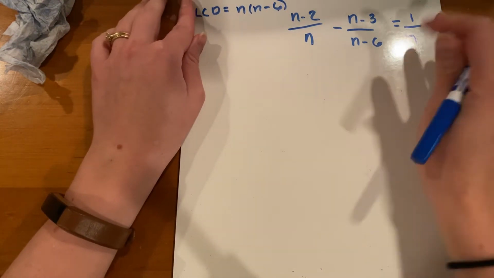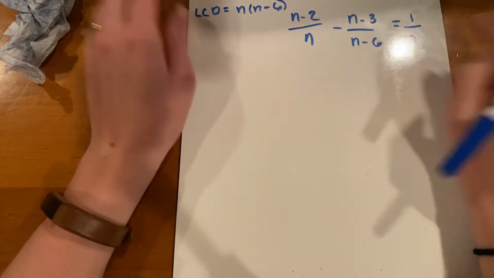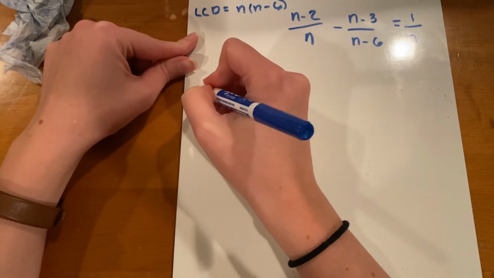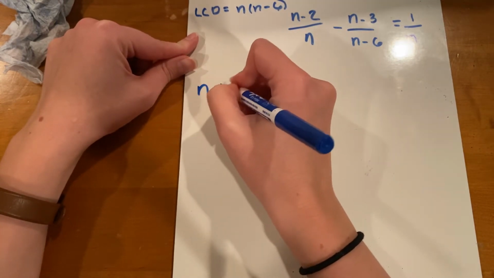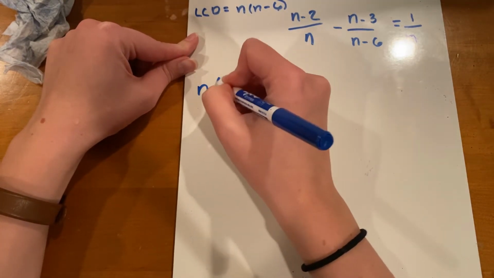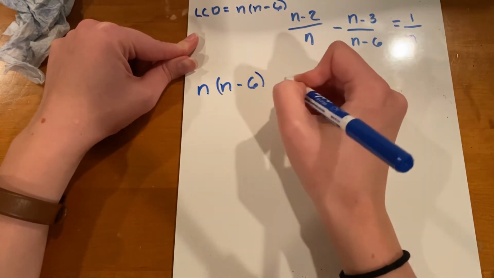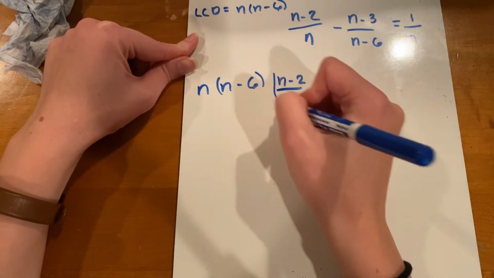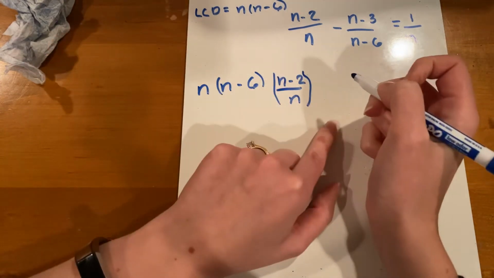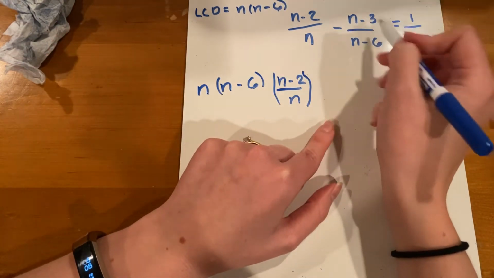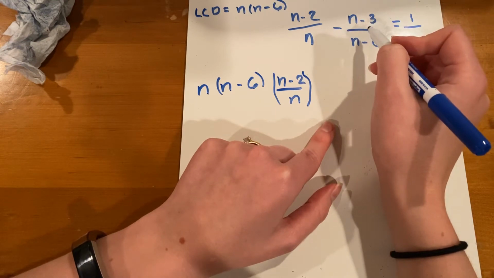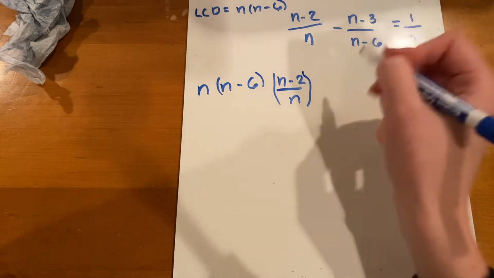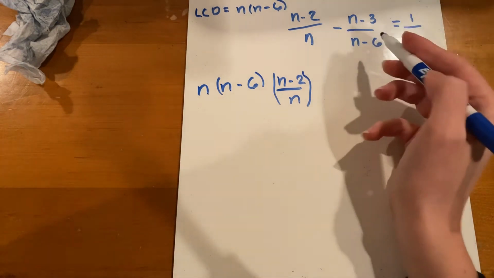So our least common denominator is n times the quantity n minus 6, and now I'm going to multiply it by n minus 2 over n, and again by our negative n minus 3 over n minus 6.